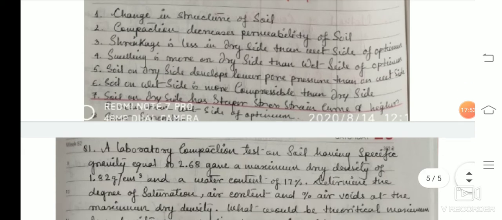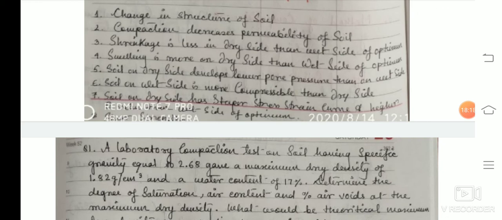Hence, it contains more voids on the dry side than the wet side. Hence, the permeability will be greater on the dry side of optimum than the wet side of optimum. And again, if we increase the compactive effort, the permeability of the soil will also decrease because the particles will come closer to each other or will be more oriented. Hence, permeability will decrease.